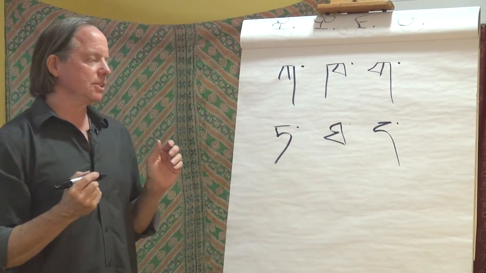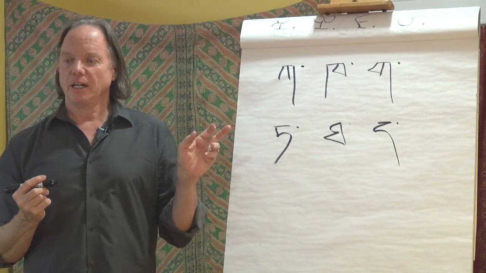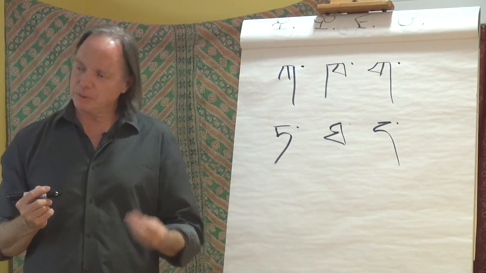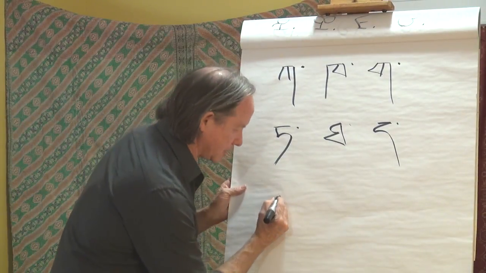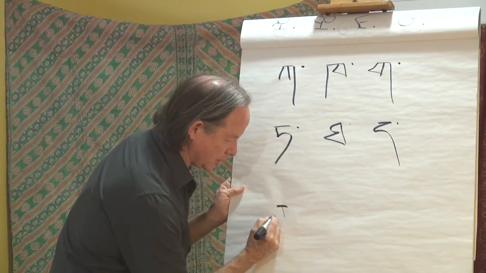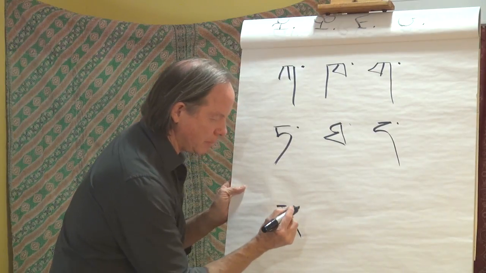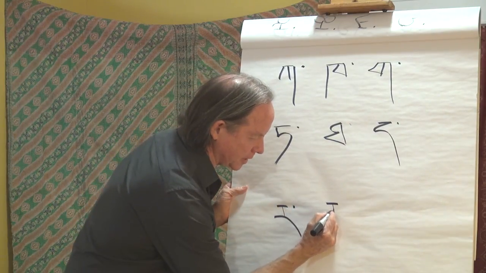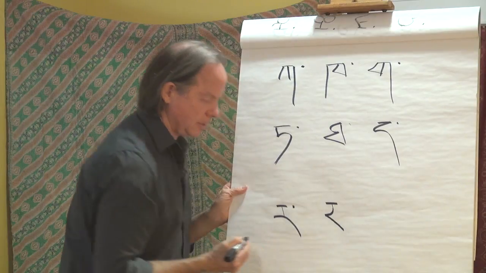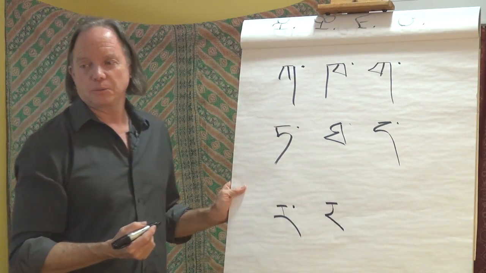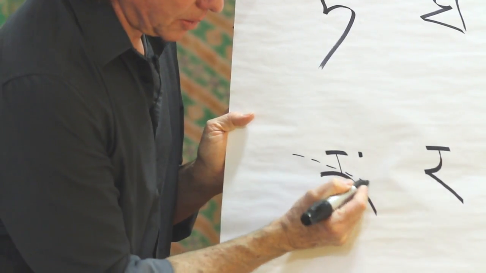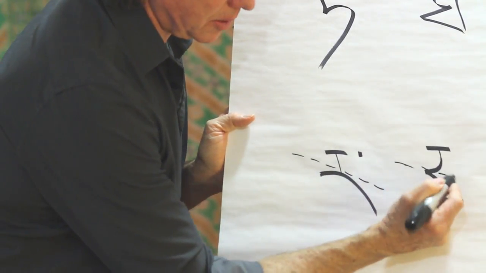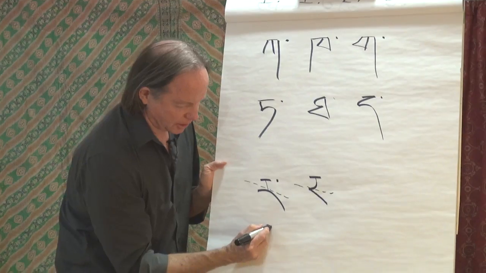Now, I'm going to subjoin a ra letter. Ra tak, tak means to glue on at the bottom, right? And the way we're going to subjoin it is we're going to take the ra letter, which looks like this, right? By the way, the Sanskrit would look like this. And in either case, we'll chop off the bottom of it until we get a slash that looks like that.